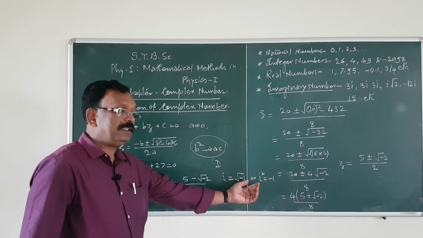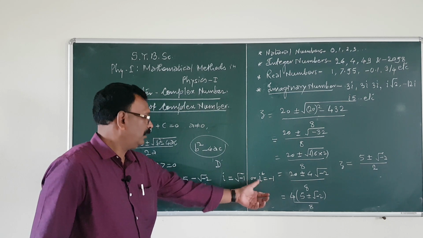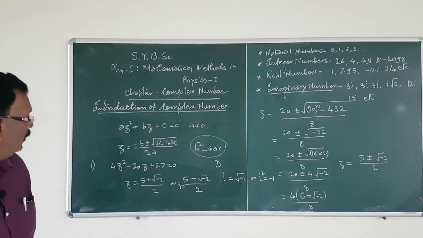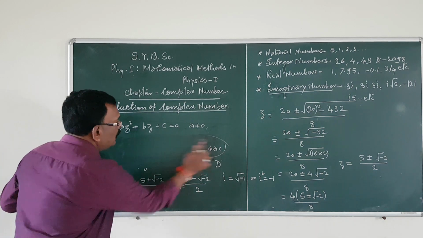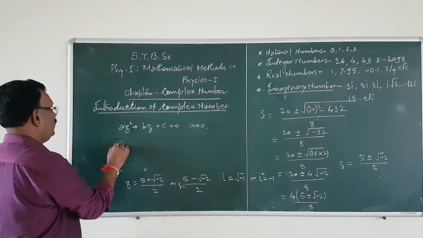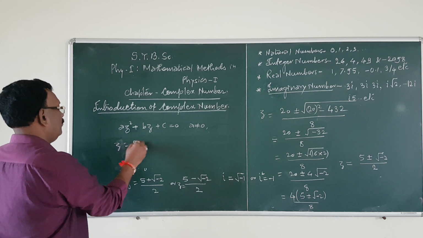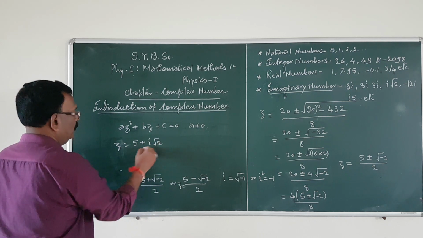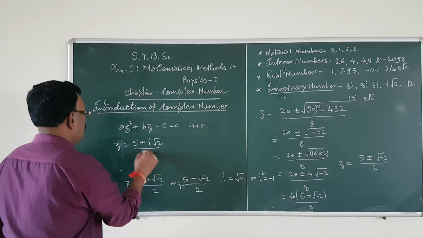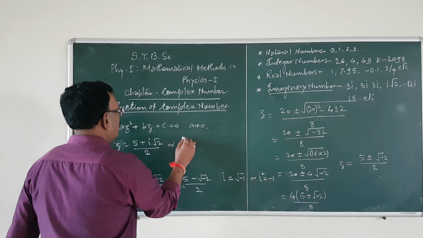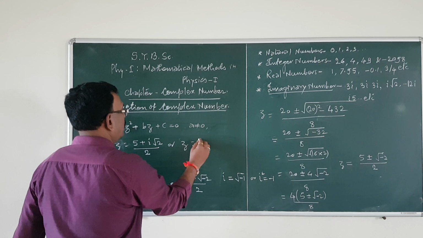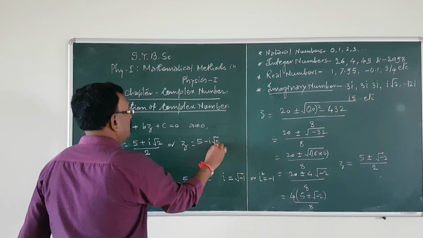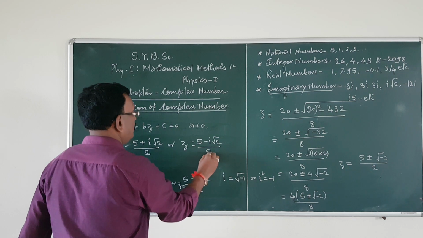After introducing this value, we will get the new roots, and these roots are z equal to 5 plus i root 2 divided by 2, or z equal to 5 minus i root 2 upon 2.